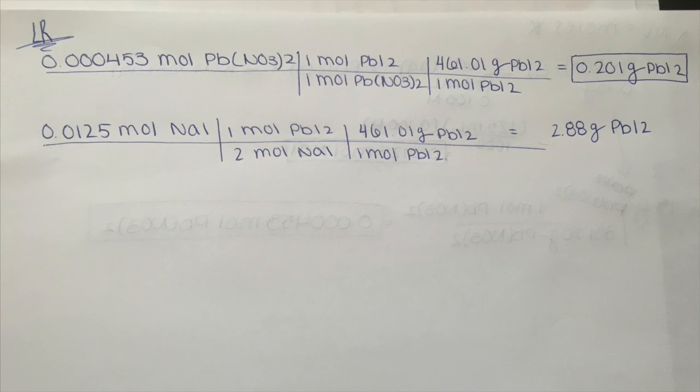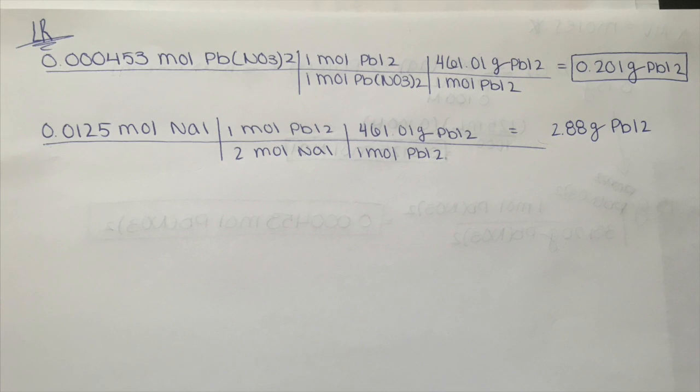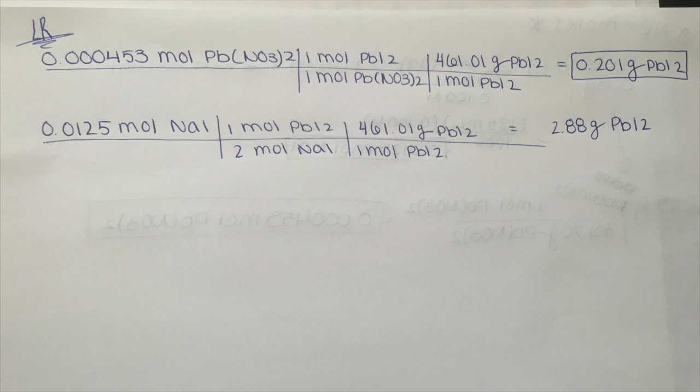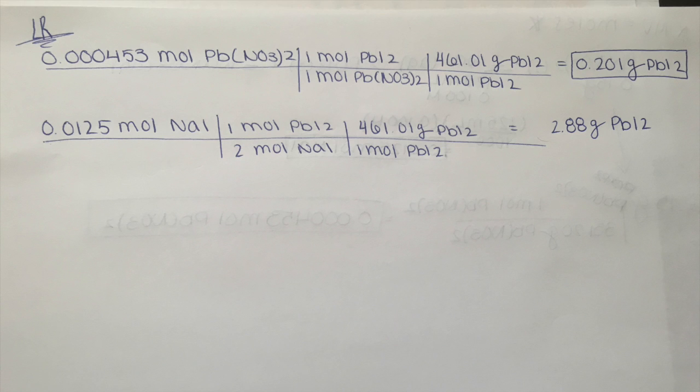Next, we multiply by the molar mass of PbI2, which is 461.01 grams. We find that 0.000453 moles of Pb(NO3)2 produces 0.201 grams of PbI2, and 0.0125 moles of NaI produces 2.88 grams of PbI2. That means that Pb(NO3)2 is our limiting reactant since it produces less grams of PbI2.